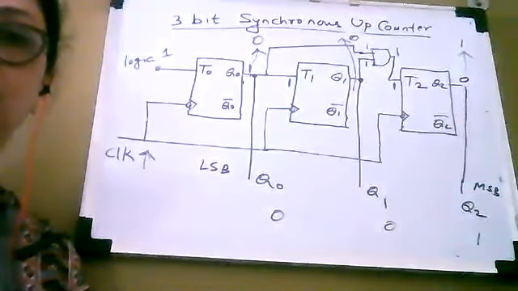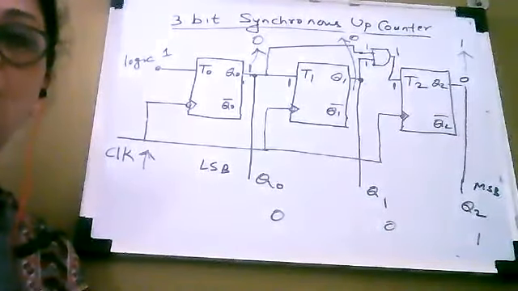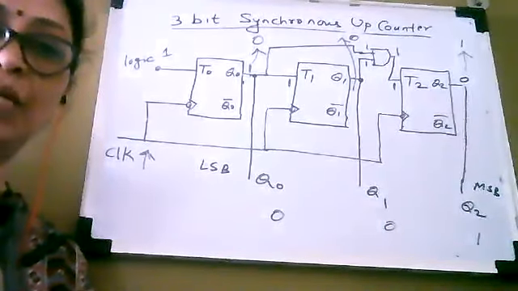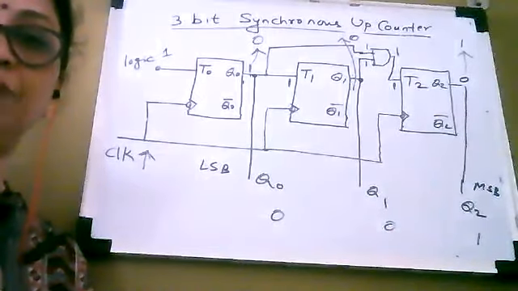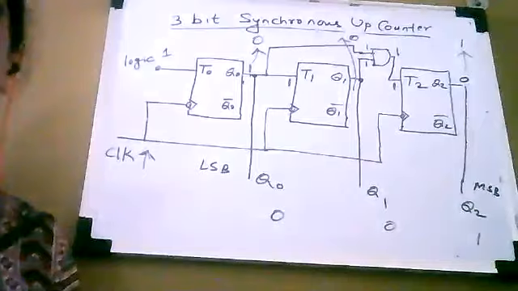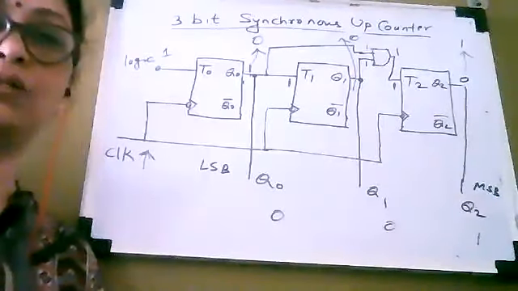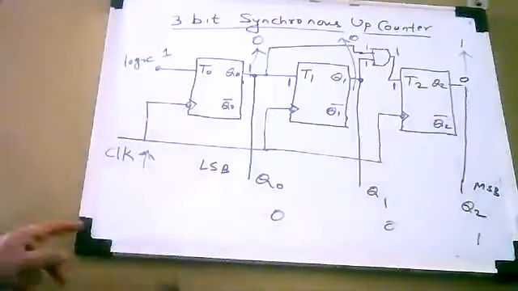After this, let us write the truth table of the 3-bit synchronous up counter and let us draw the timing diagram for this 3-bit synchronous up counter. Let us do that because these two things are also very important as far as your counter study is concerned.